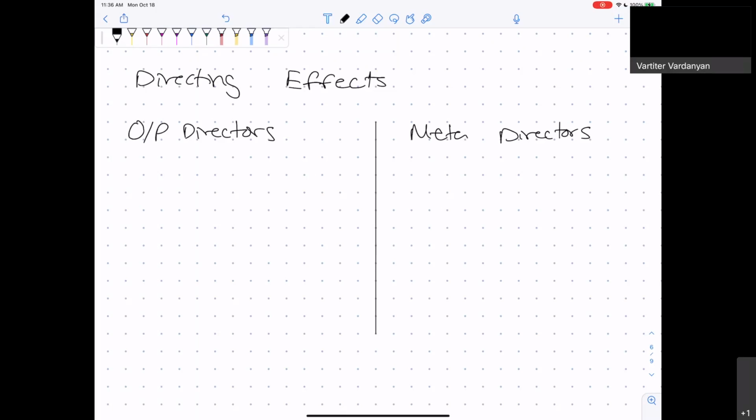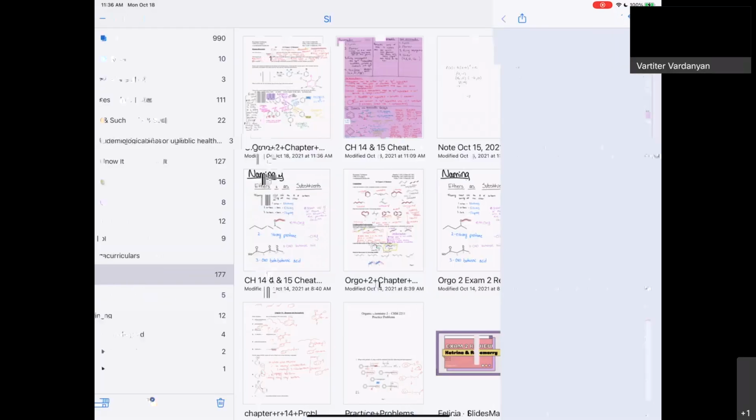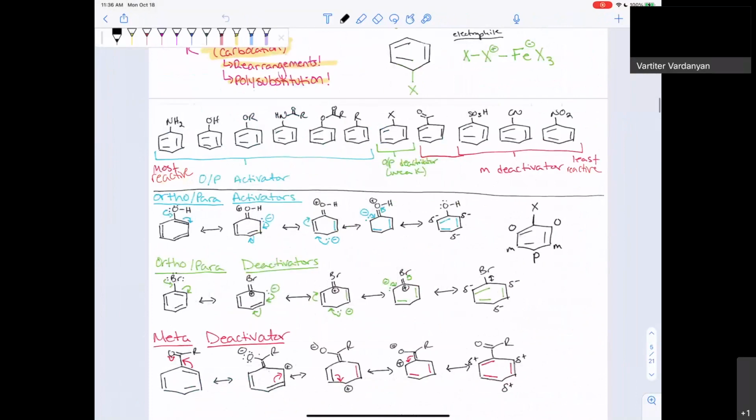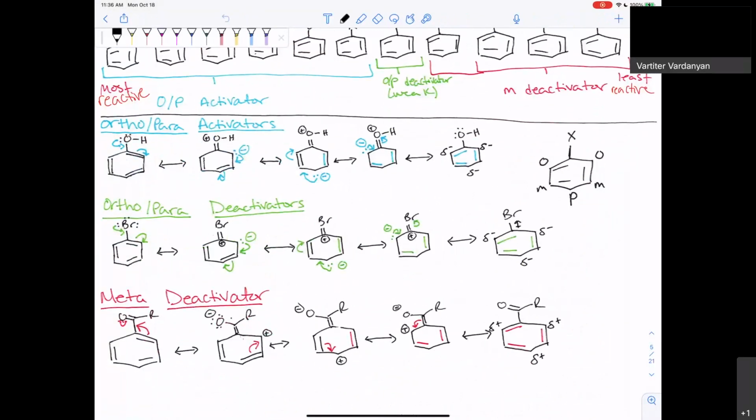And in order to really understand these guys, we're going to pick 3 different substituents, and we're going to look at the resonance for them right quick. And since we kind of wasted a lot of time, I'm going to just cheat, and I'm going to show you the resonance I already drew out. So the first one we're going to look at is the alcohol, and we know that the alcohol is a what group?